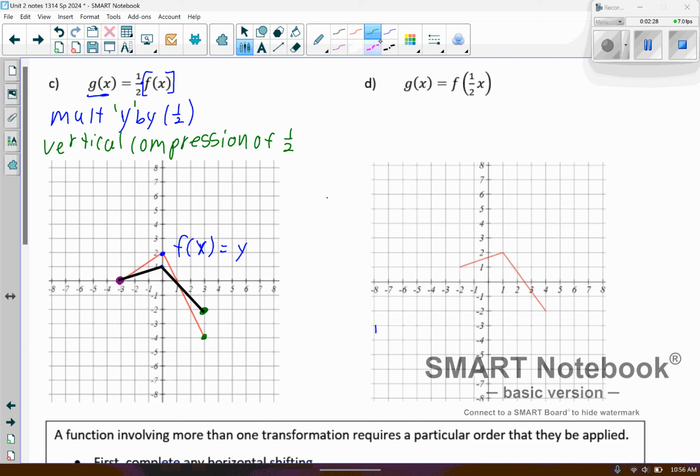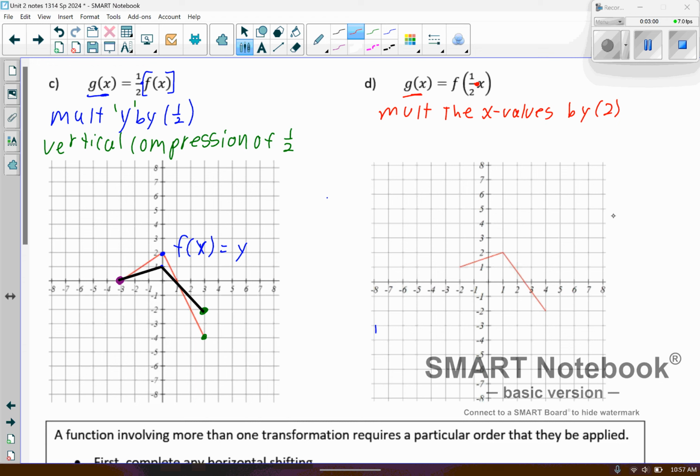Okay, so then on this next one, right here, we have g of x is equal to f of 1/2 of x. And so you would think, oh, my x values are getting multiplied by 1/2. Well, you're actually going to want to do the opposite. So you're going to multiply instead by the reciprocal of 1/2, which is 2. So technically, this is what we're going to do. We're going to multiply the x values by 2. Okay, and that will help you find your new graph.